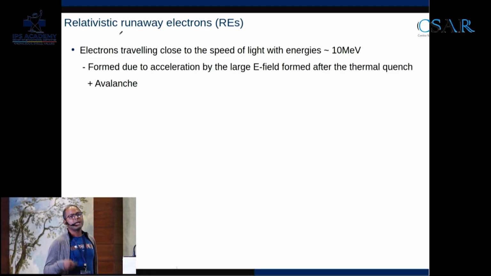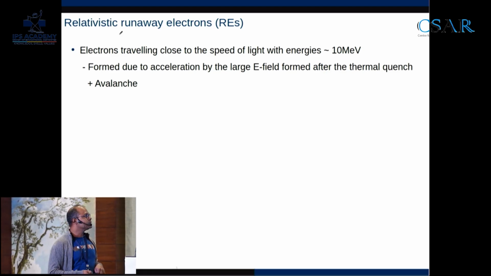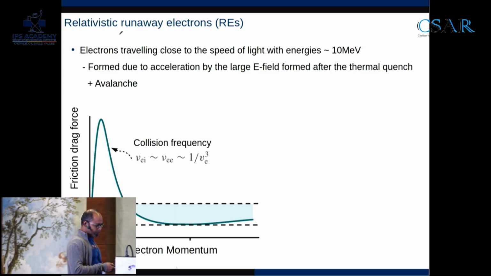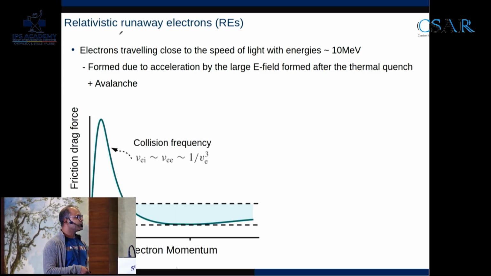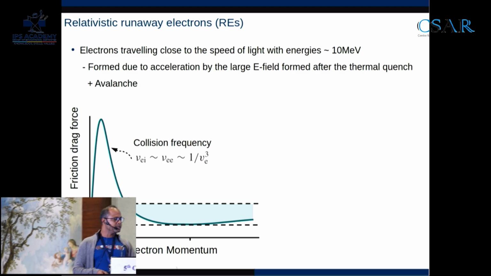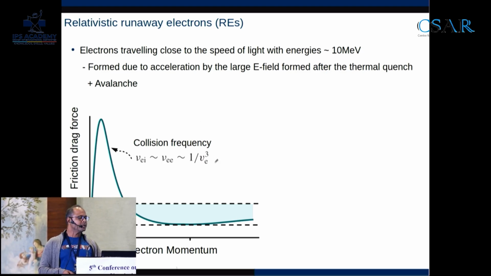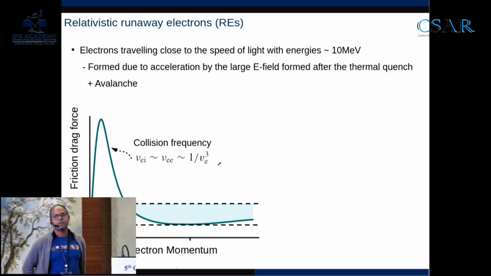So how can electrons move to relativistic velocities? That happens due to the fact that in a plasma, the collision frequency of any electron scales in such a way that it strongly decays with the velocity of the electron.